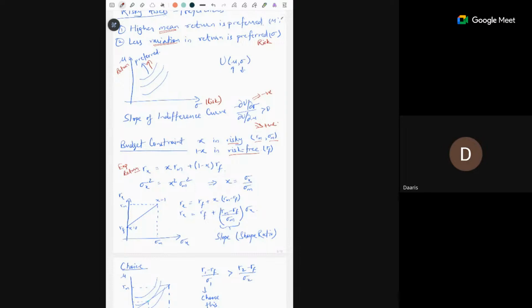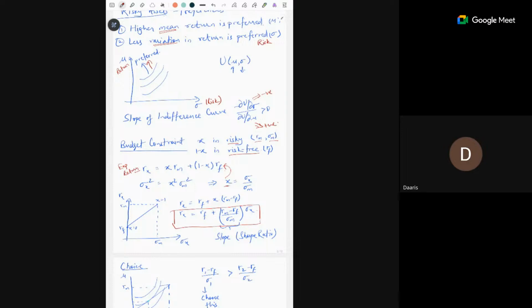By replacing this X value in the equation, we get a relation between R and sigma, in the form Rf plus (Rm minus Rf) by sigma m times sigma X. So this is the slope, and also by our discussion of week 8, we know that this ratio is known as the Sharpe ratio.